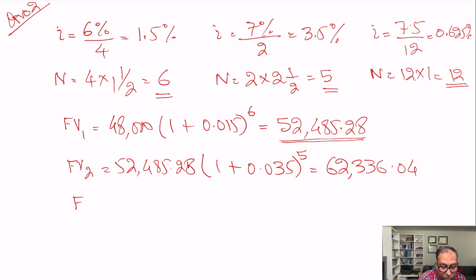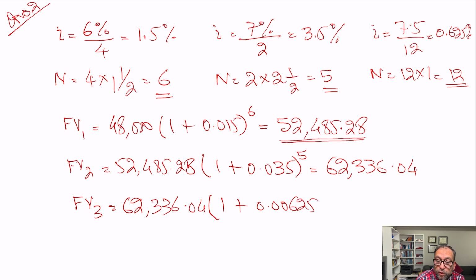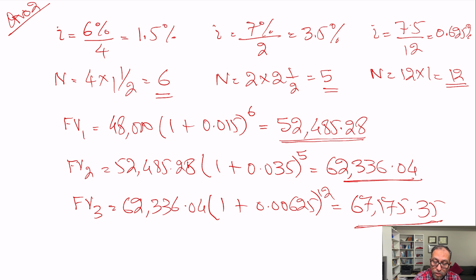Then we calculate F3, where 62,336.04 is the present value at that time, times 1.00625 exponent 12, and we finally get the value, which is 67,175.35. So you see, this is our final value, the price required by the constructor to construct this.